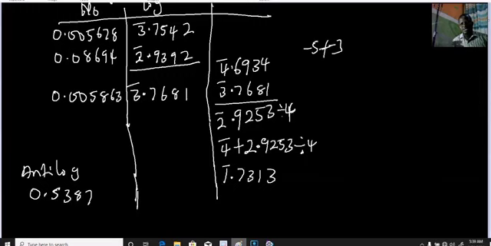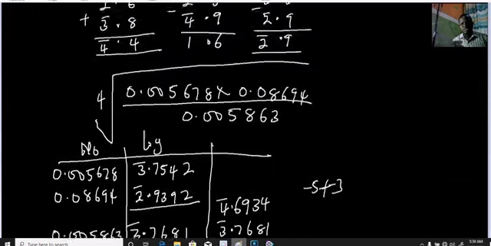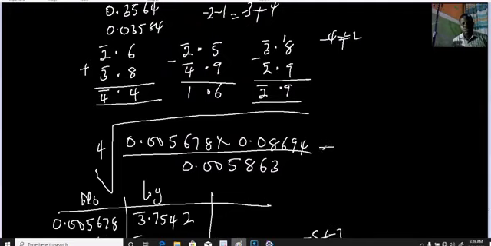Then you come back again, come and check whether your answer is correct. Come and check. So here you have 0.005678 times 0.08694, so divided by 0.005863. So this is what you have.